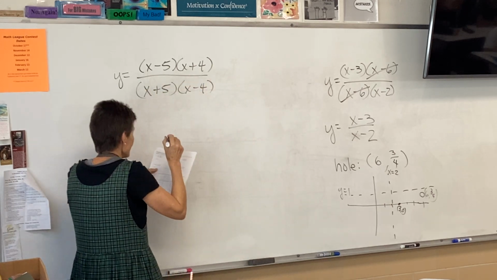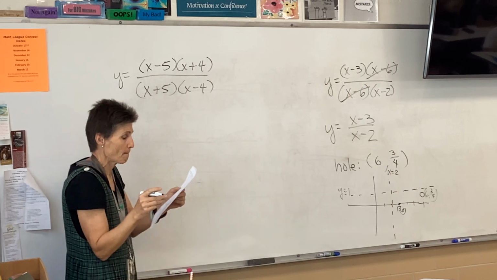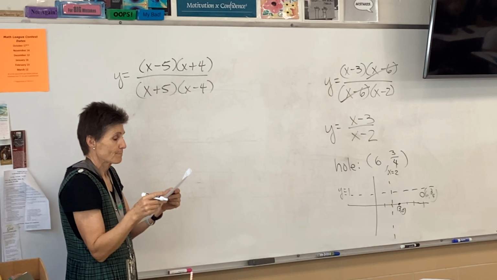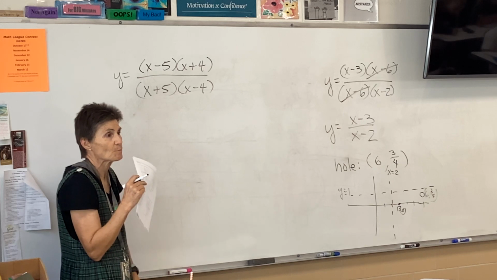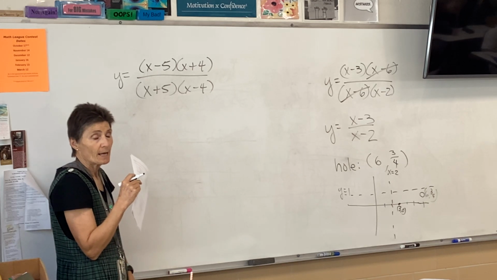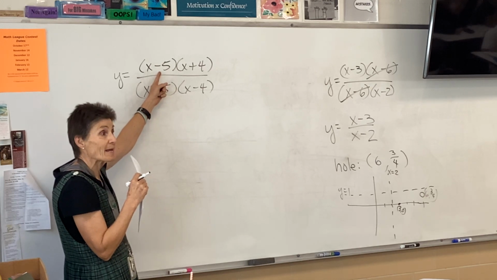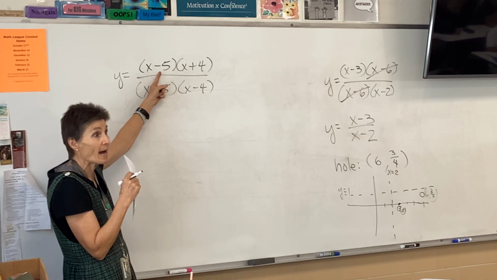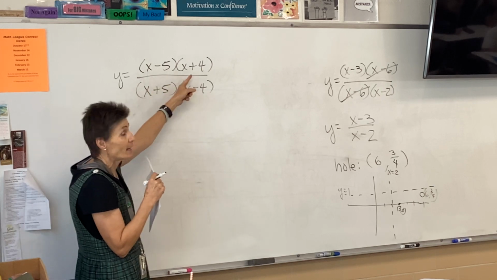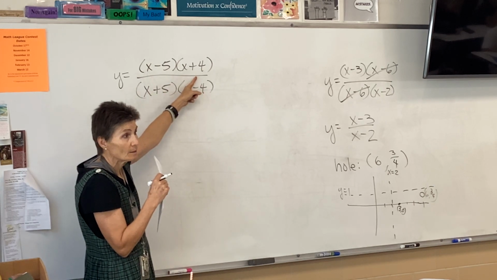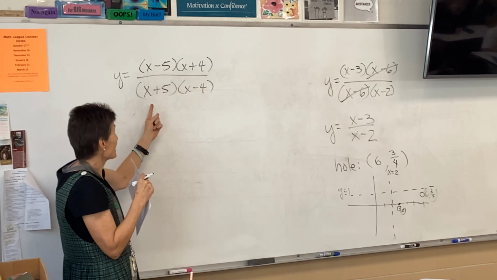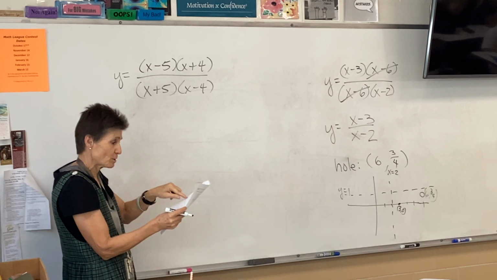Okay, assuming that I factored correctly, am I going to have any holes in this problem? No. Nope. Am I going to have any zeros? Yep. My zeros, my x-intercepts, are going to be at 5 and -4. My vertical asymptotes, I know it didn't ask for it, but just make a little note.